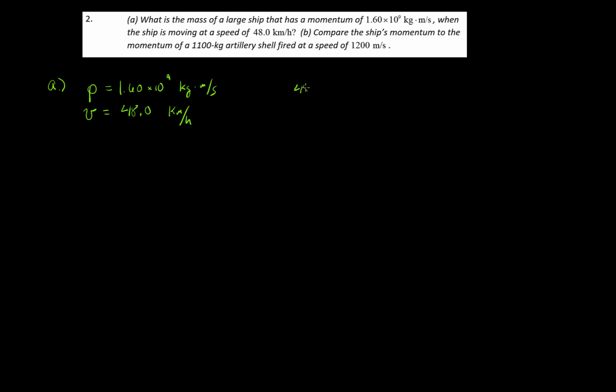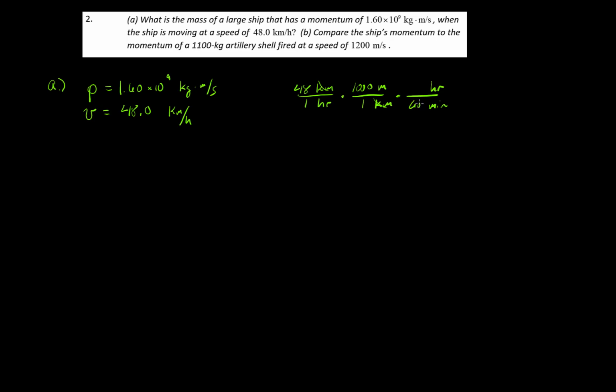So 48 kilometers per 1 hour. We need to have everything in meters per second. Kilometers is up top, so I write it down below. I want to go from kilometers to meters, and there's 1,000 meters in 1 kilometer. So those will cancel, giving me meters, and then I need to convert hours. Hours is down below, so let's write it up top, and we can go into minutes.